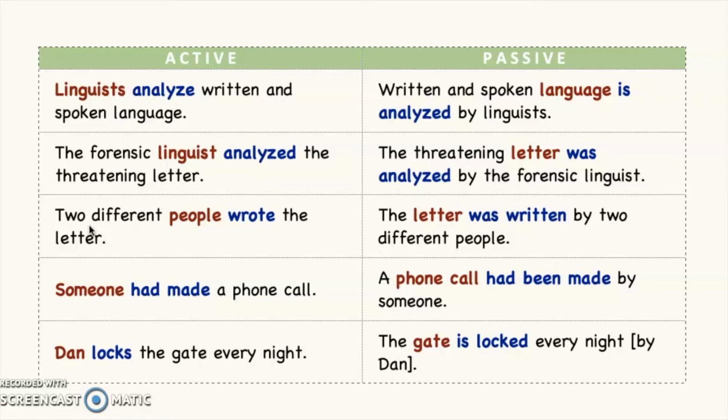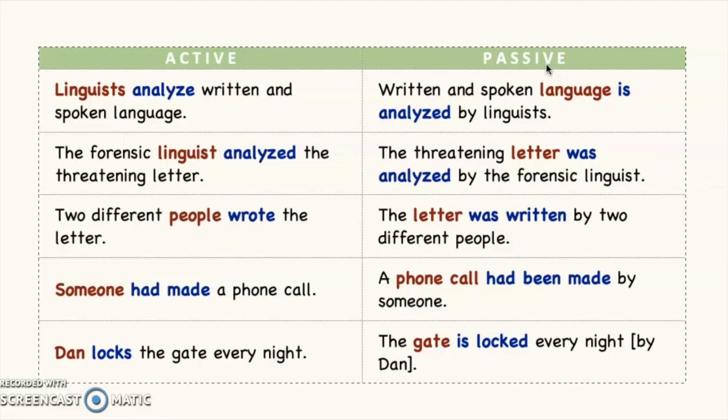More examples. Two different people wrote the letter. That would be active. Here, the letter was written by two different people. That would be passive. Another one, someone had made a phone call. That would be active. Here, a phone call had been made by someone.